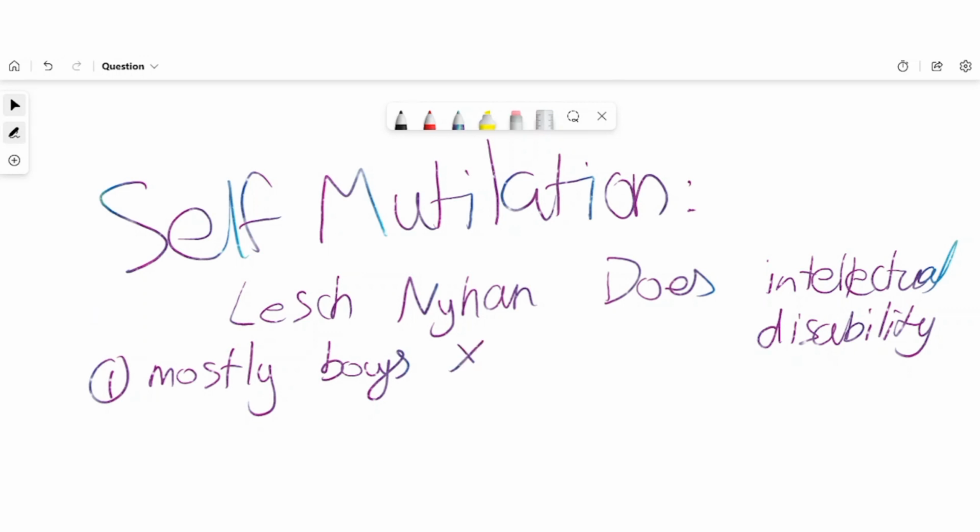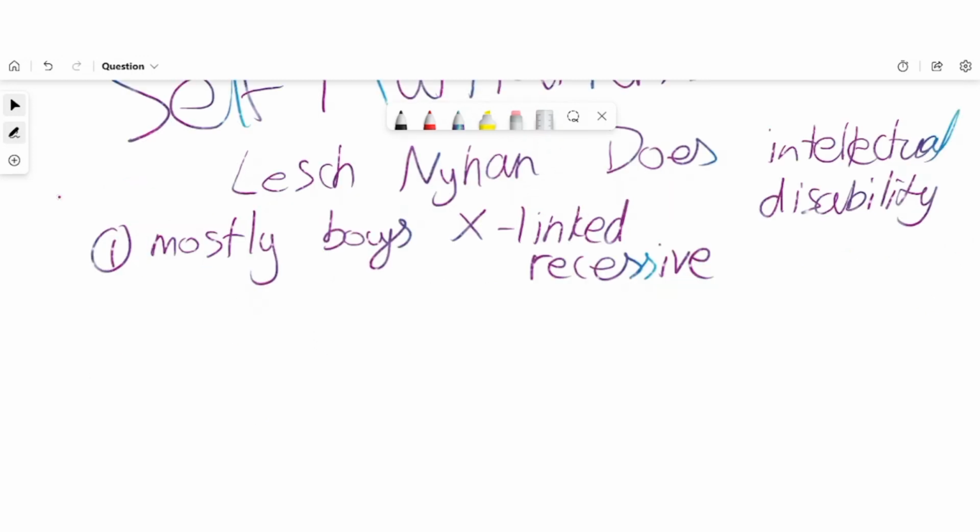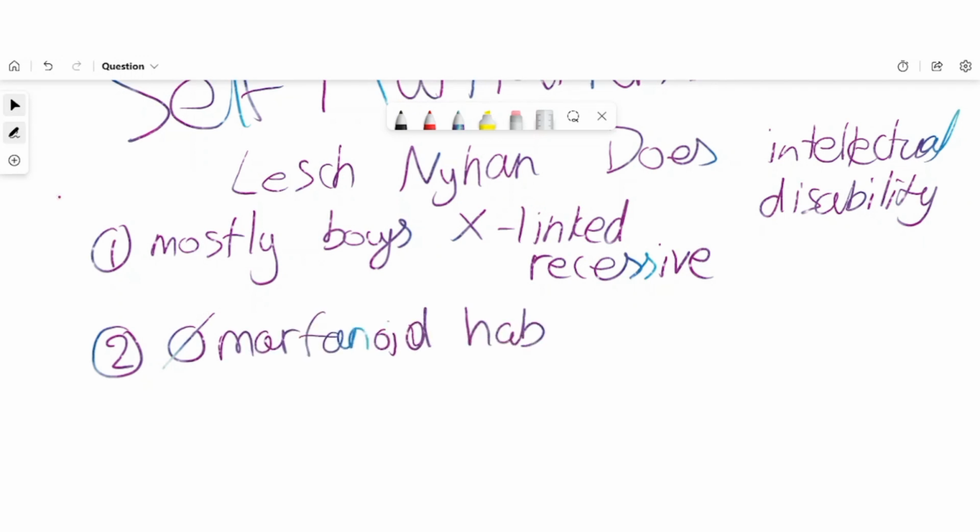Why? Because it's X-linked recessive. And number two, Lesch-Nyhan does not have any marfanoid habitus or ectopia lentis. So these things, you won't see them in Lesch-Nyhan syndrome.